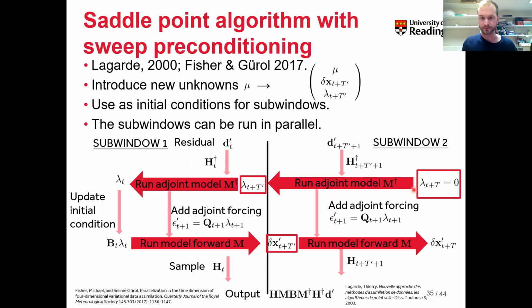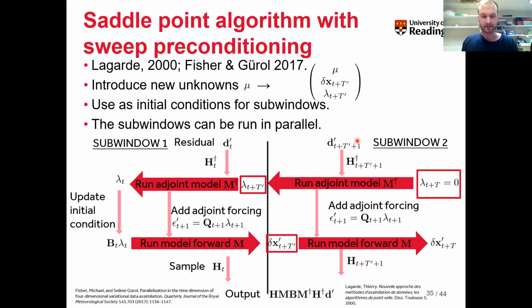And now you apply this sweep algorithm, but you apply it in parallel to each of the subwindows. So in subwindow 1, your adjoint run will start off from your unknown adjoint, and in subwindow 2, your forward run will start off from the unknown data assimilation correction at the edge between the two subwindows.